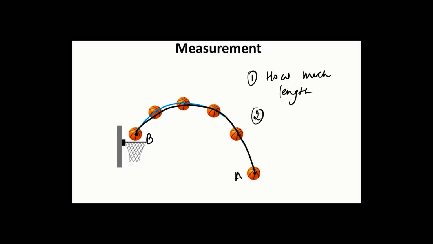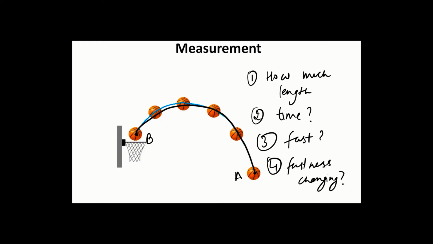Then you might ask how much time it took. Then you might ask, how fast was it going? And finally, was its fastness changing or was it going with the same fastness?